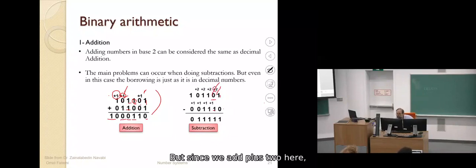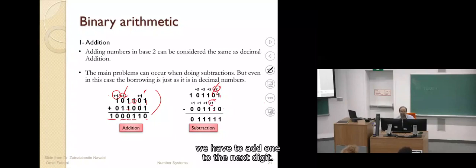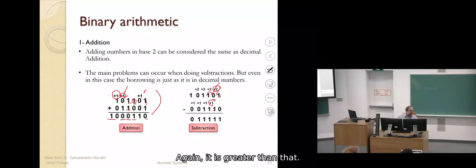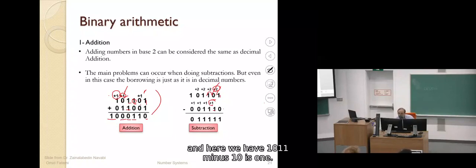But since we added plus 2 here, we have to add 1 to the next digit. 1 plus 1 is 2, which is 10. And we have 1 minus 10, which is not possible. Again, it is greater, so we have to borrow, giving 1 plus 2, which is 11. So we have 11 here, and here we have 10. 11 minus 10 is 1.